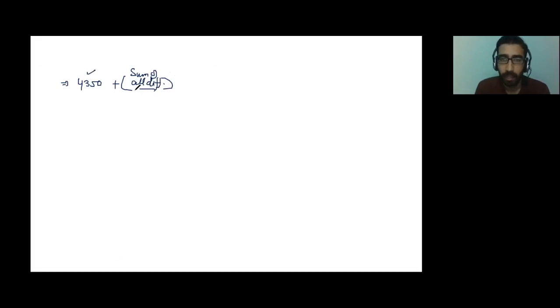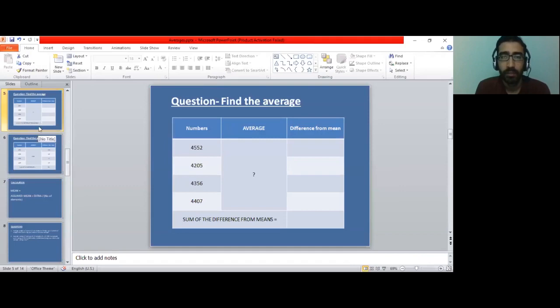Now, whatever the sum is, I divide that by 4, which is the number of people here. And this gives me the new average, which happens to be, since the sum of all differences was 120, divided by 4 is 30, my new average came out to be 4380. I hope this is clear.